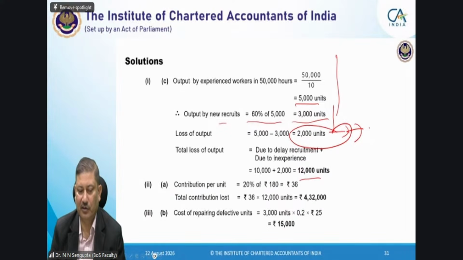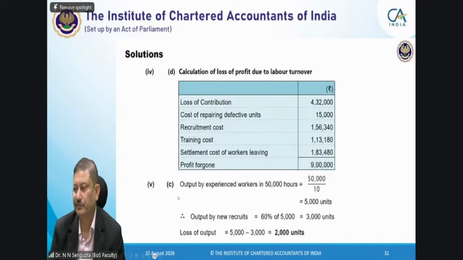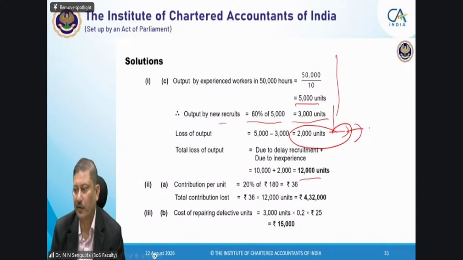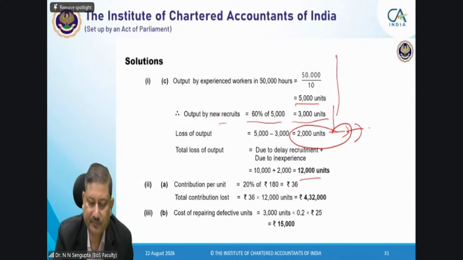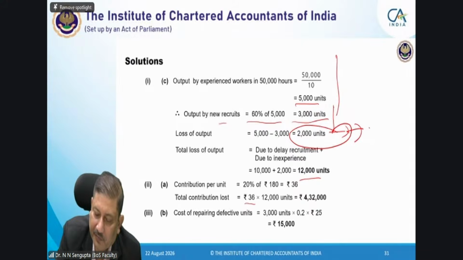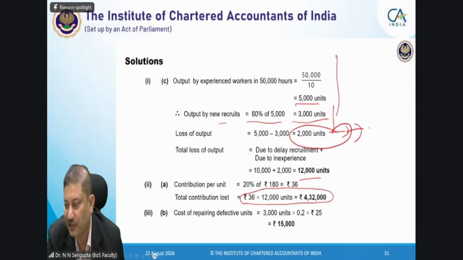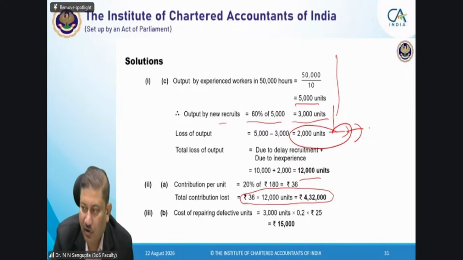Total contribution loss will be 12,000 units into 36, so 4 lakh 32,000. This will be the total contribution loss. So for the second question, option A is correct.